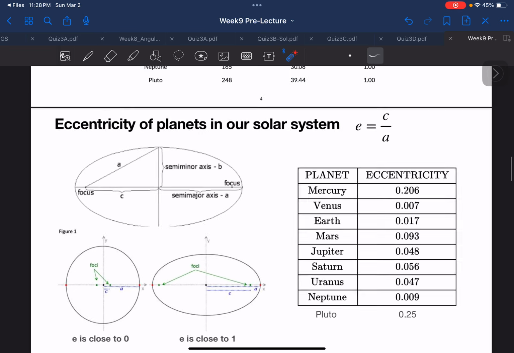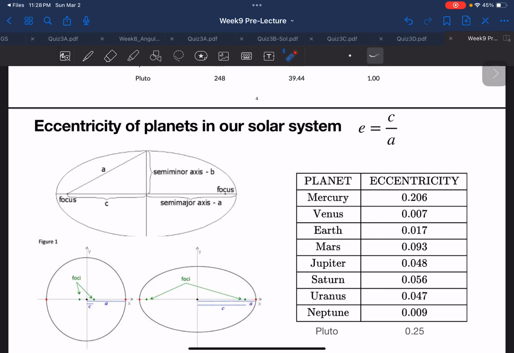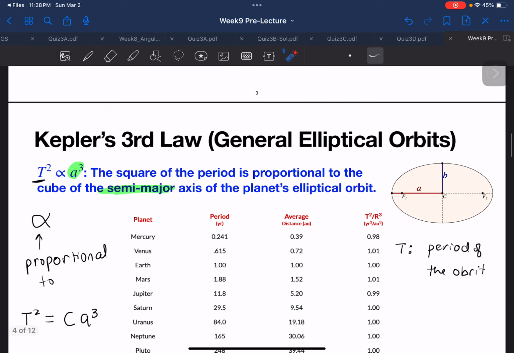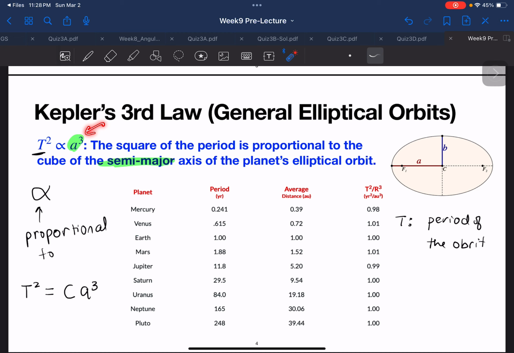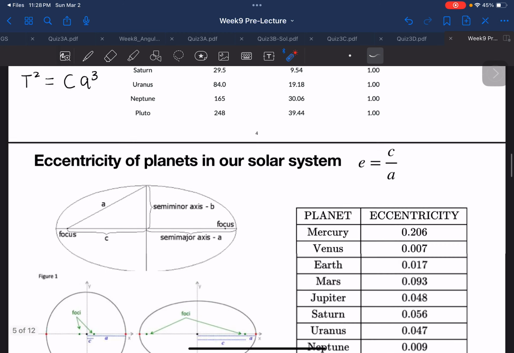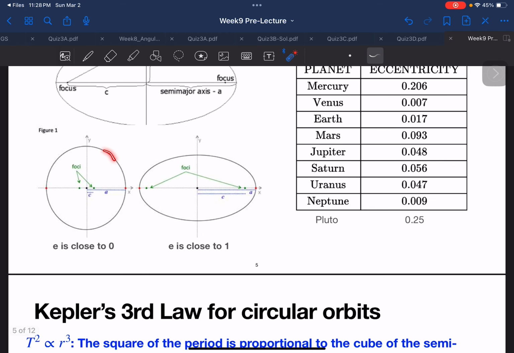So in the case of orbits that are nearly circular, this a can be considered like a radius, because when an ellipse starts approaching a circle, this semi-major axis starts looking very much like the radius of the circle.